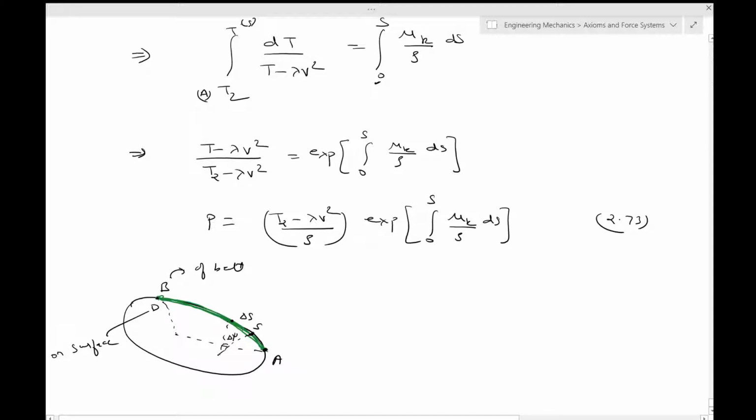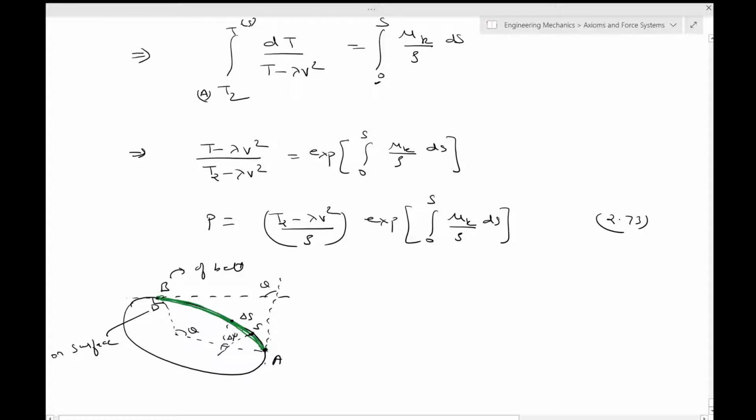So along the tangent, if you draw at A, and draw another tangent at B, say call this angle theta. This angle will be theta, this is 90 degrees and clearly this is also 90 degrees.